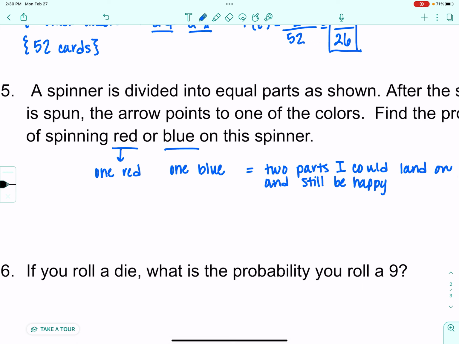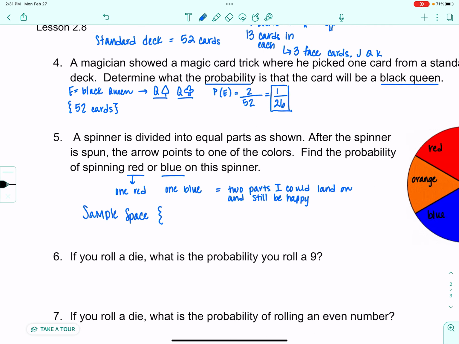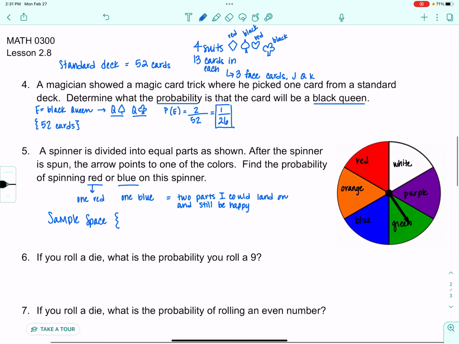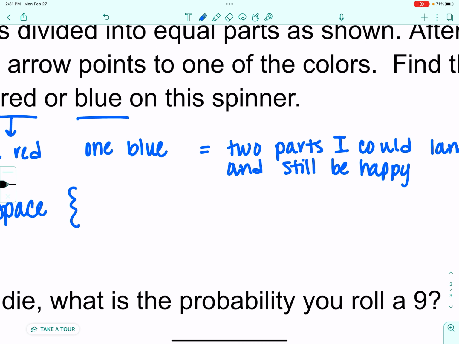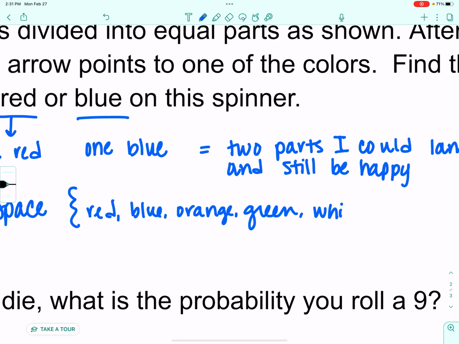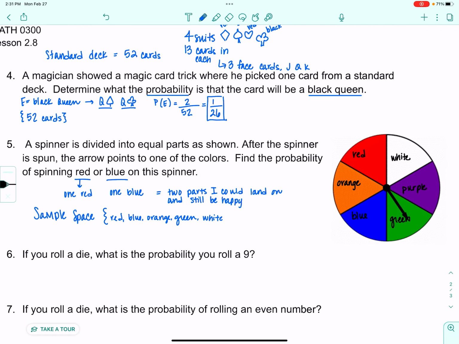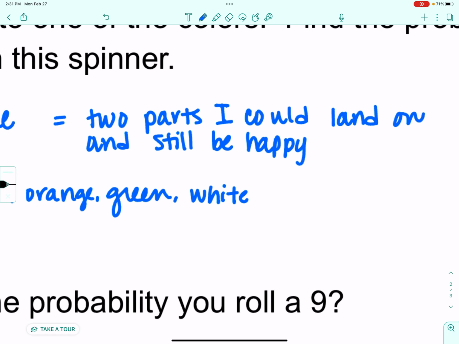Well, now we need our total parts, our sample size, our sample space. Well, that's all of the colors I could land on. I could land on red, blue, orange, green, white, or purple.